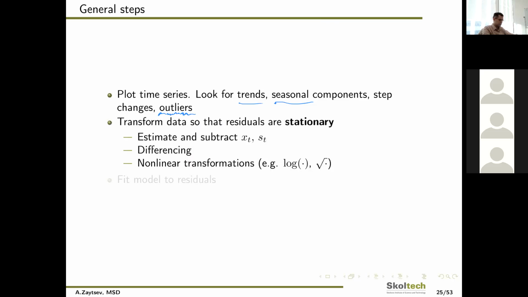Also, it's another useful trick to make the data series stationary, and we will discuss a bit later why we need this assumption and how it works here. And if we have this stationarity, we then estimate trend and seasonality. Also, we can apply nonlinear transformations to make it stationary.